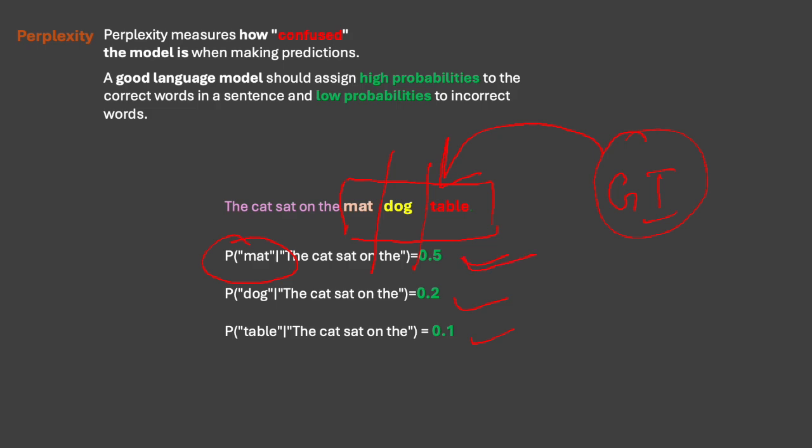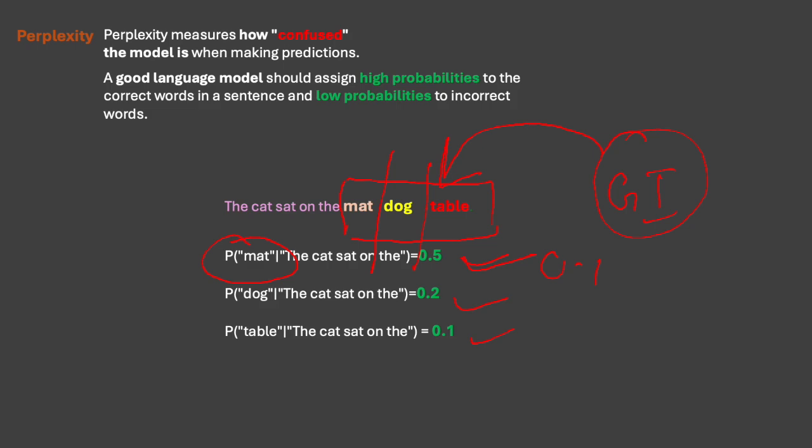Here, if the model assigns a higher probability to the correct word, which is mat, it has a low perplexity score, which is good. And if the model is uncertain and assigns low probability to the correct word, the perplexity score increases, which is bad. For example, instead of probability 0.5, it says 0.1.